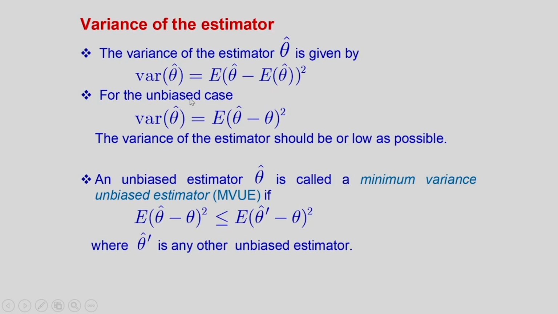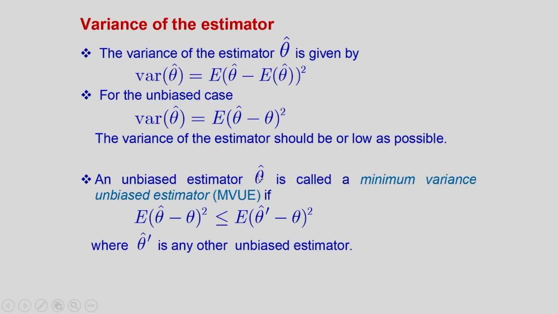For the unbiased case, the variance of theta hat will be simply E of (theta hat minus theta) whole square, because E of theta hat is equal to theta. The variance of an estimator should be as low as possible.